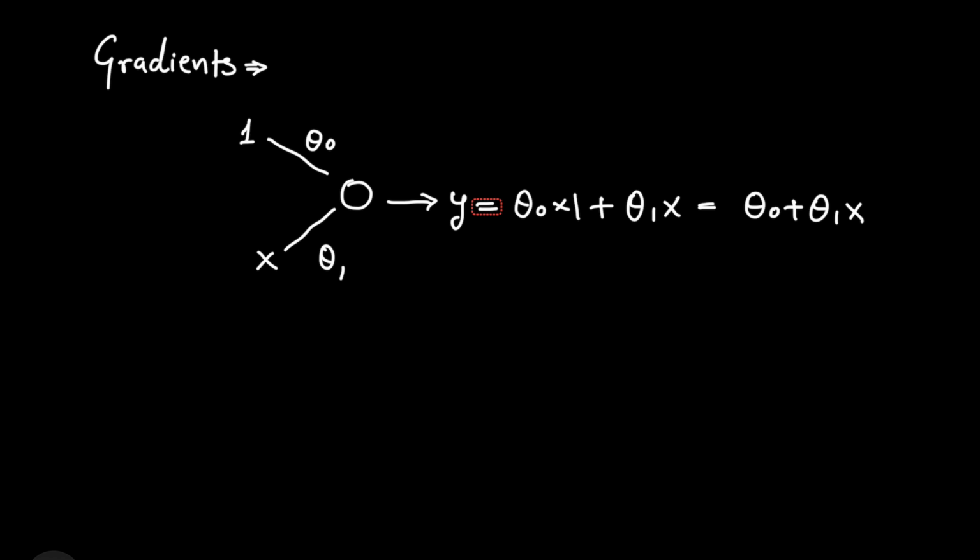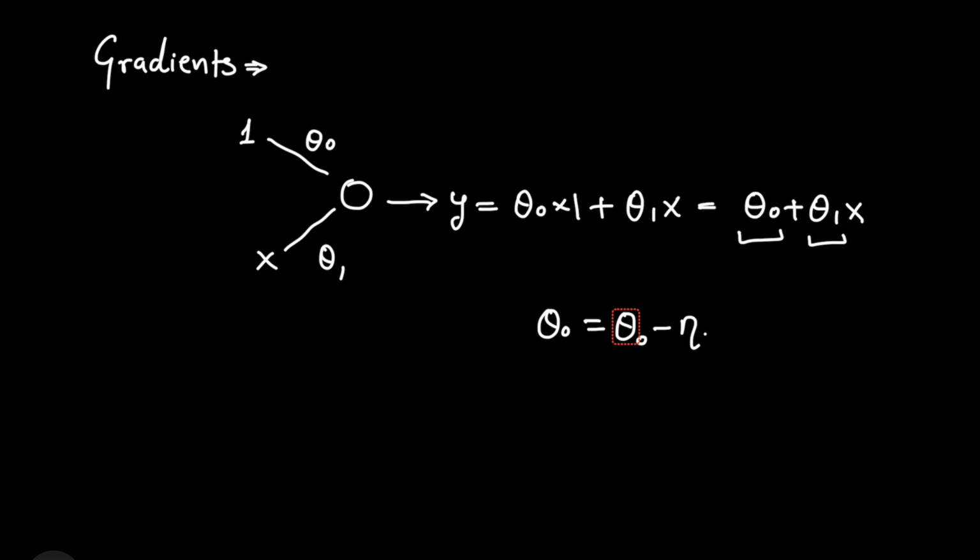And then I explained how we can find the update values for theta naught using the gradients. So theta naught we can update as theta naught minus some step size, or some value, of how much proportion of the gradient I will take.